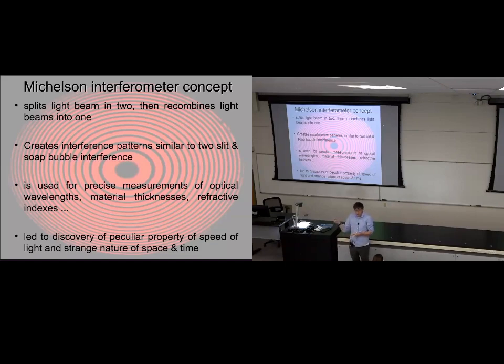You can also measure very precisely, remember there was that property of optical materials, refractive index, you can measure the refractive index of materials very precisely. So things like the wavelength of a light ray, the length of a cell, the refractive index of a material, are almost precisely measured with a Michelson interferometer. It's the technique for most precisely measuring those things.